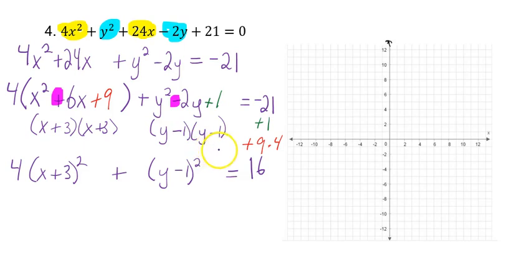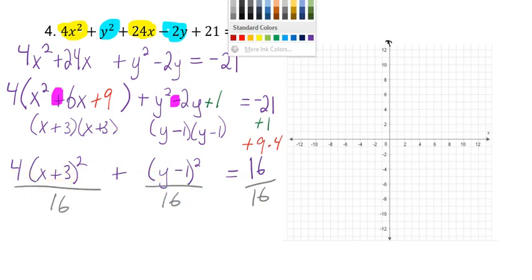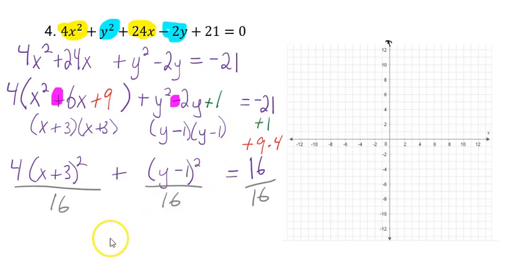From this point, we're in that situation that we were in number 3. It's not equal to 1. So I'm going to have to come in, and I'm going to divide everything by 16. And obviously over there on the right, 16 divided by 16 is 1.